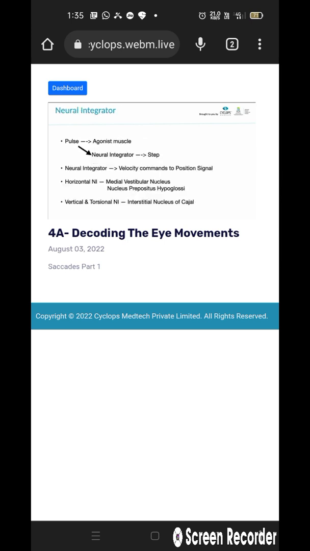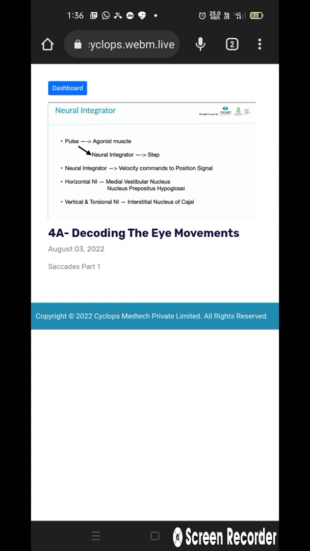So, the pulse signal directly reaches the agonist muscle. Whereas the step signal is usually an eye position command, and it is created from the pulse signal, which is an eye velocity command.